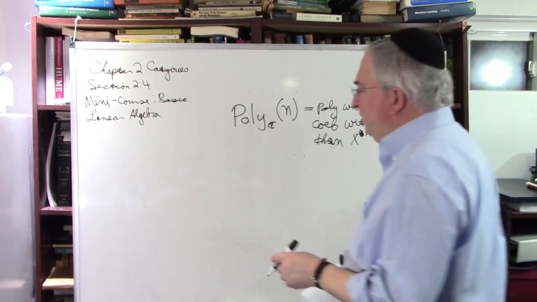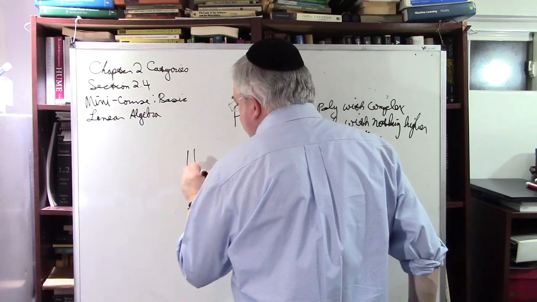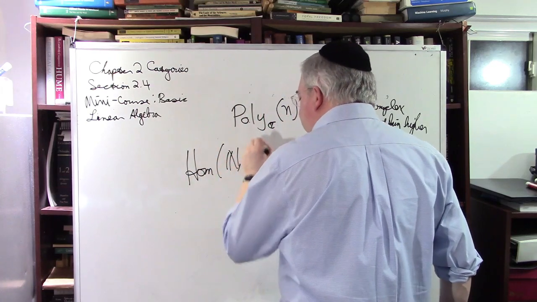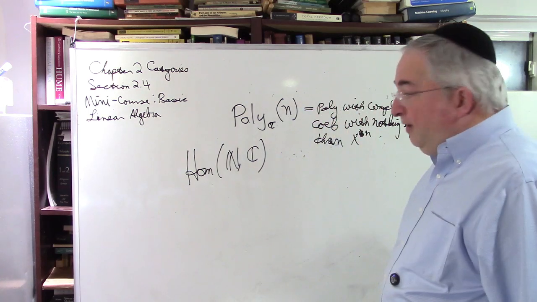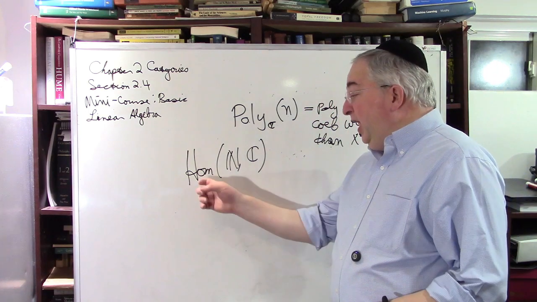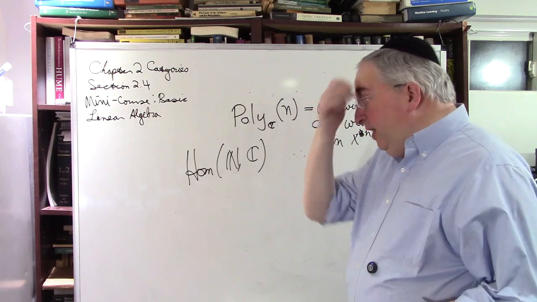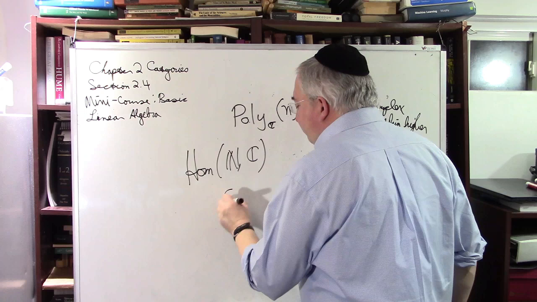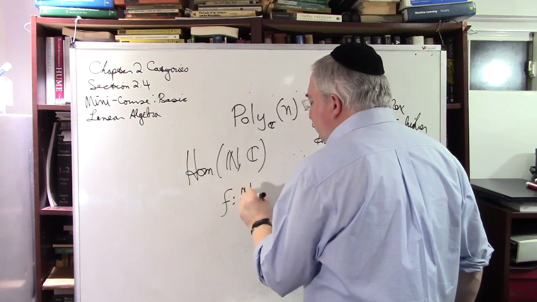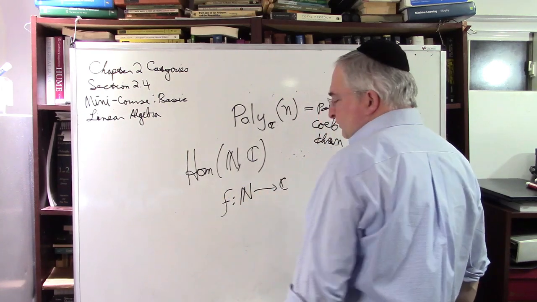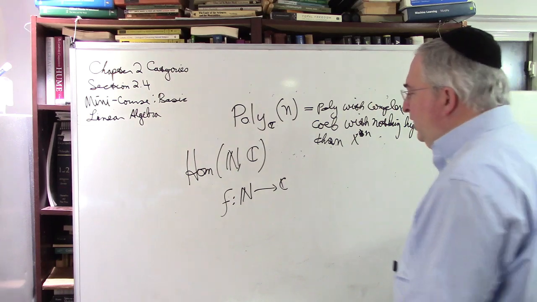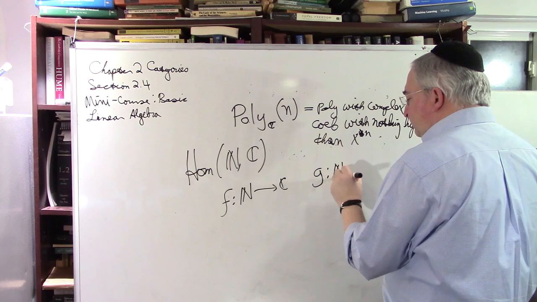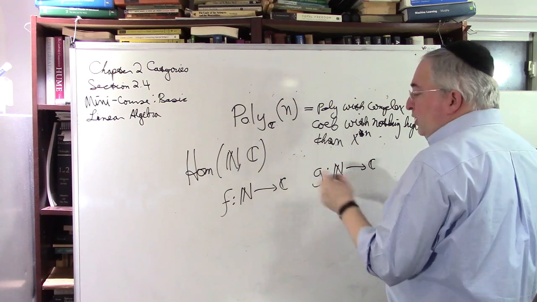Okay, great. Let's talk about another one. Hom of N to C. This is really hom of sets, actually. These are functions. I'm sorry, let me tell you what the vectors are. They're functions from the natural numbers to the complex numbers. Main point. Given two such functions, okay, you can add them.